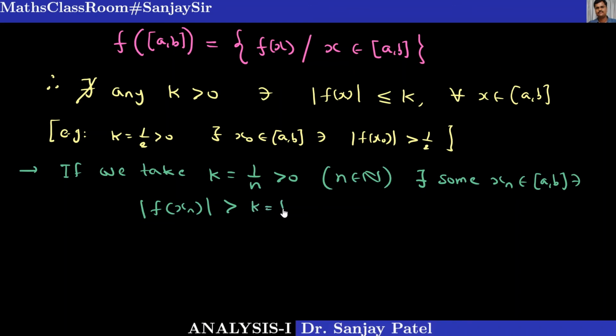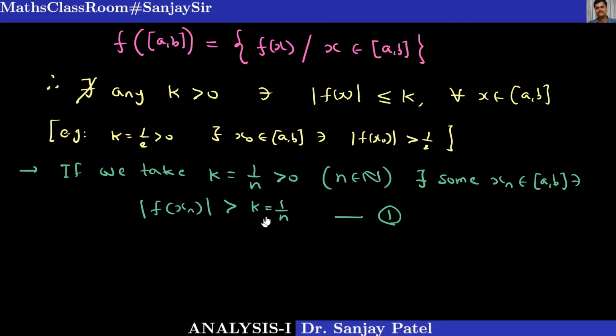Let us call this result number 1. So for k equal to 1, there exists some x1 belonging to closed interval ab such that mod of f of x1 is greater than 1. For k equal to 1 by 2, you can find another point, which we may call x2, belonging to closed interval ab such that mod of f of x2 is greater than 1 by 2.